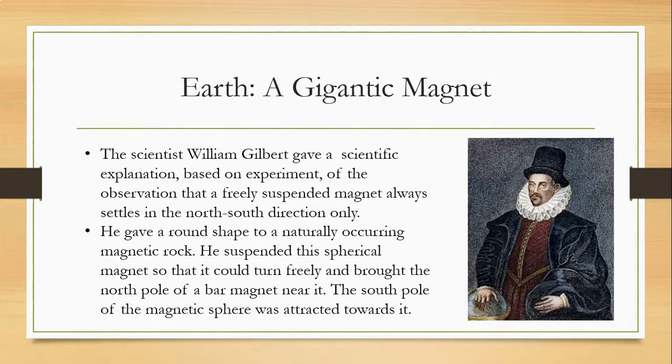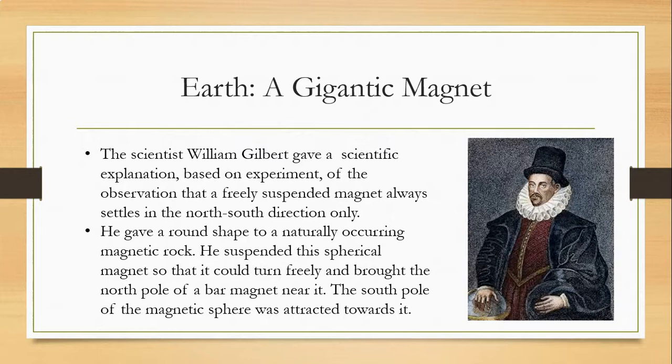He gave a round shape to a naturally occurring magnetic rock. He suspended this spherical magnet so that it could turn freely and brought the north pole of a bar magnet near it. The south pole of the magnetic sphere was attracted towards it.